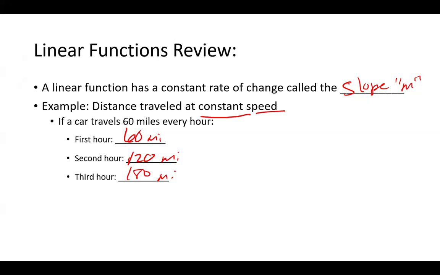I can make these estimations because I have a constant rate that is taking place, right? A constant rate means that I'm continuously adding or subtracting the same amount over a period of equal time. So in conclusion, we would say that the rate of change is constant at 60 miles per hour, correct? My constant speed relates to my rate of change.